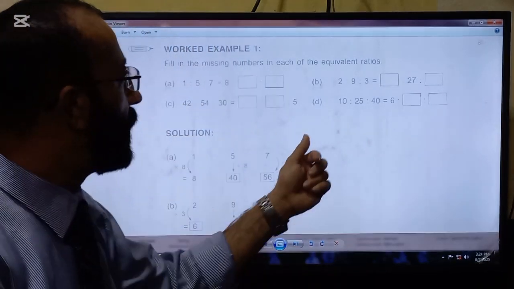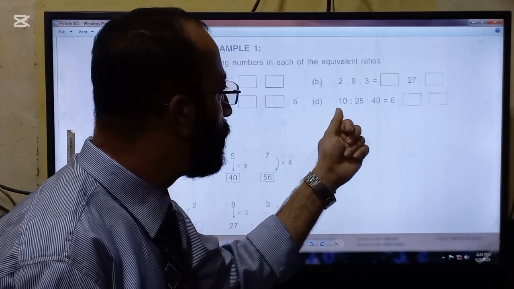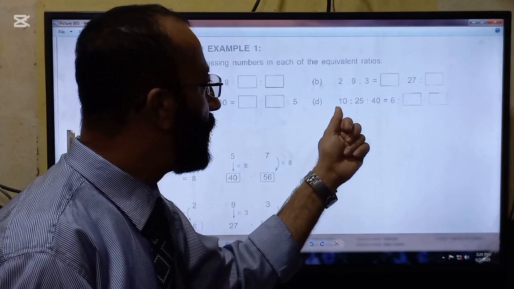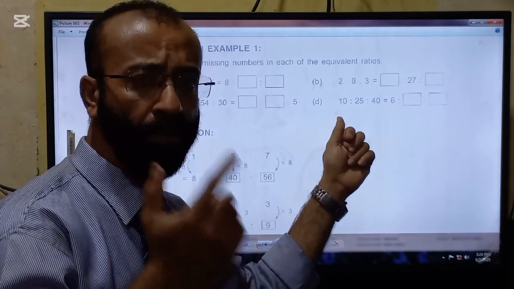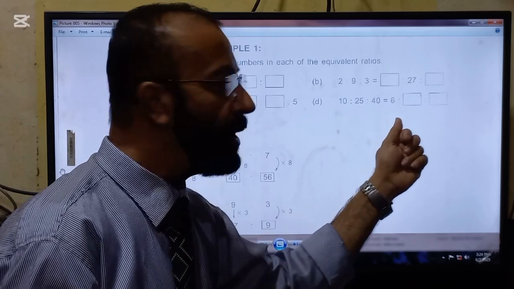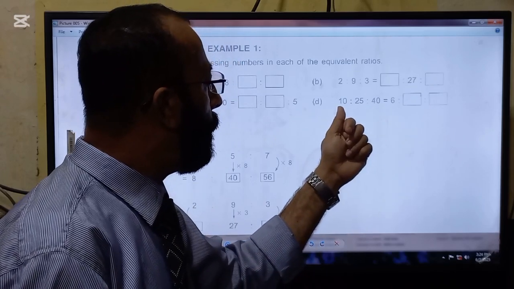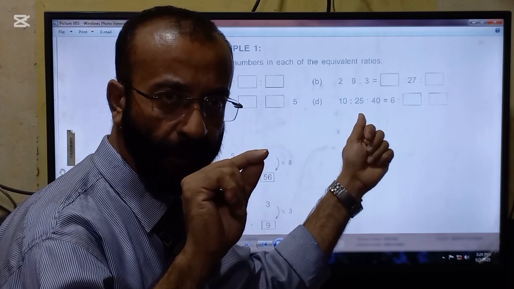So look now. In B part, first values of both ratios are given. So 10 is given and 6 is given. So we have to pick the pattern of how 10 is going to 6. So look now. First we have to divide the 10 by 5.